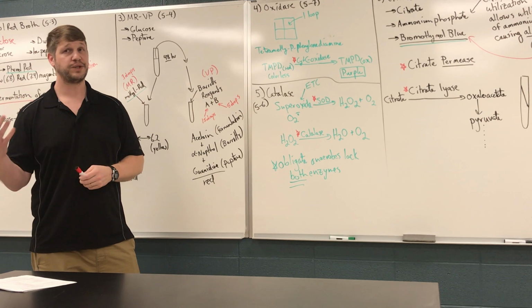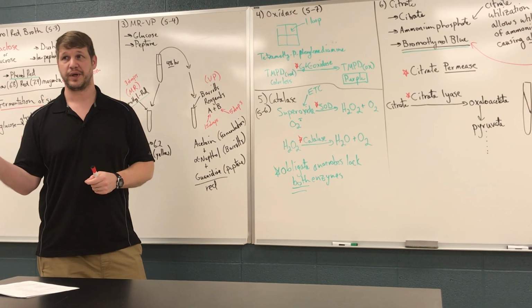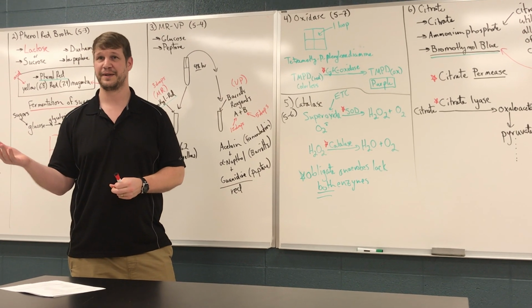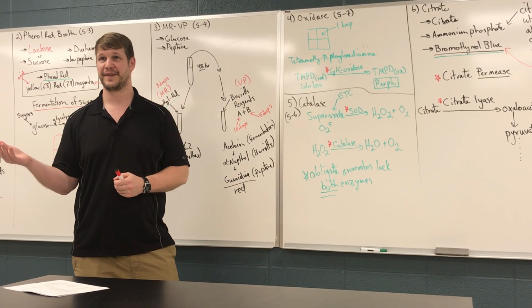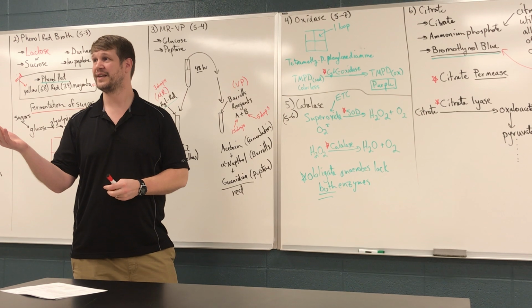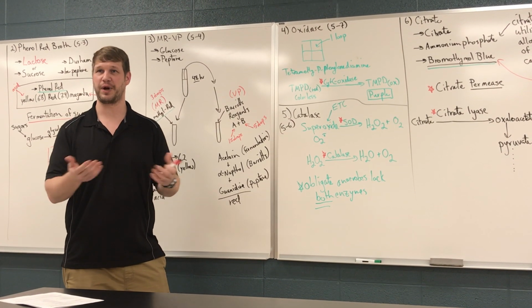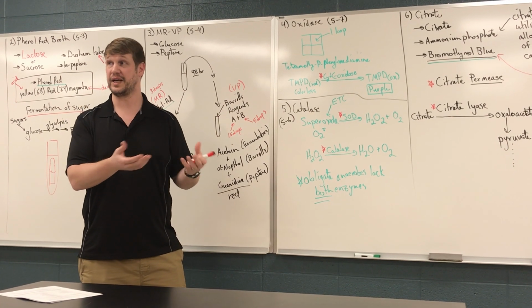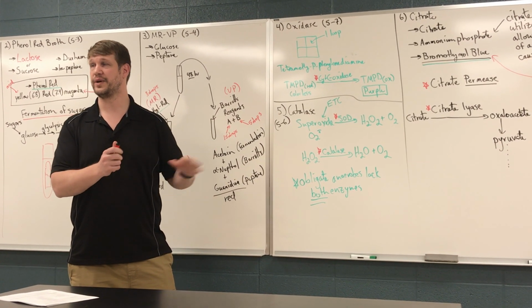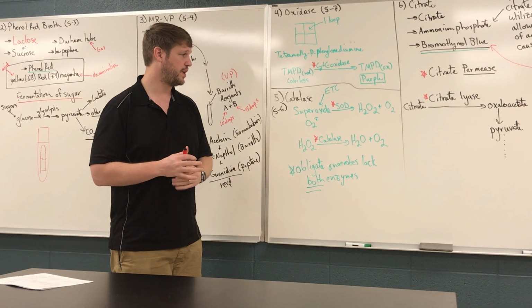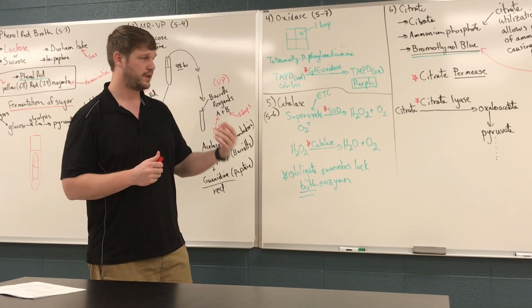Now hydrogen peroxide itself, what context do you use hydrogen peroxide in? Yeah, disinfecting things, right? So hydrogen peroxide itself is very good at killing a lot of microbes. So it itself needs to be dealt with, and so many microbes will also have a second enzyme called catalase.